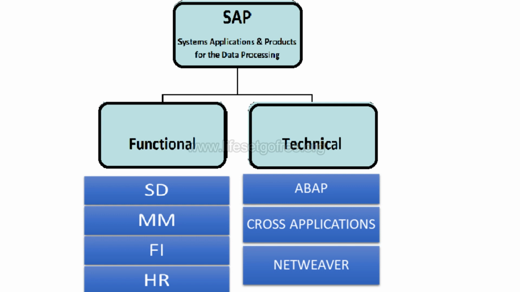That means we will be discussing everything about programming. Even if you don't know anything, by this series of videos you will be learning how to do ABAP coding, everything about ABAP. All the SAP applications are developed under ABAP programming. This ABAP language was developed based on the C language.